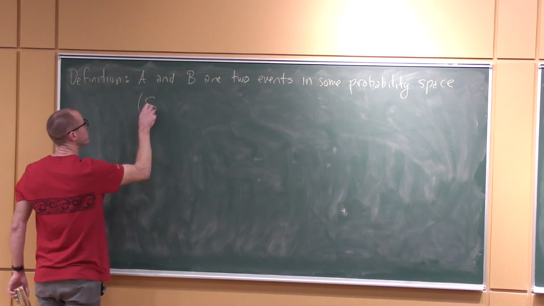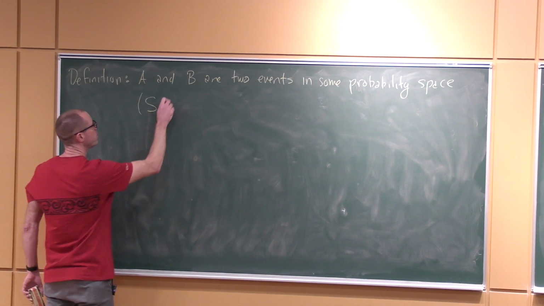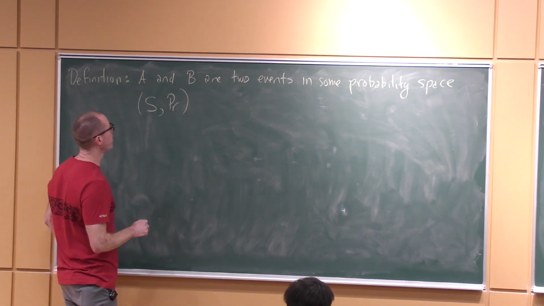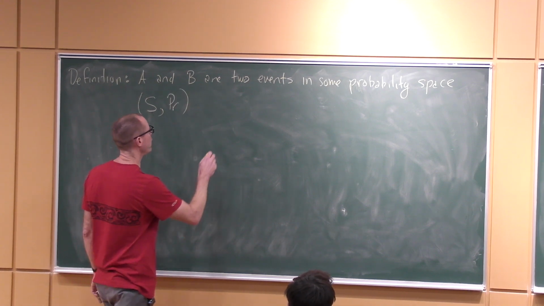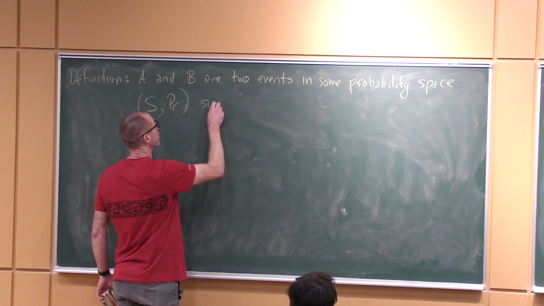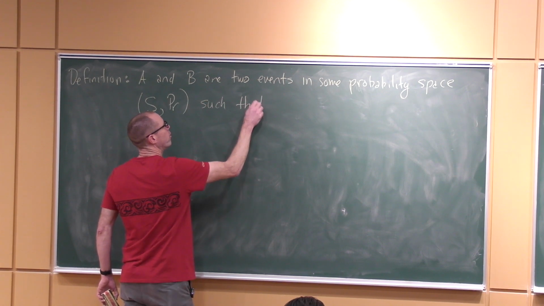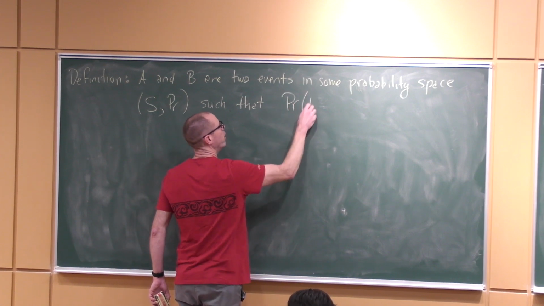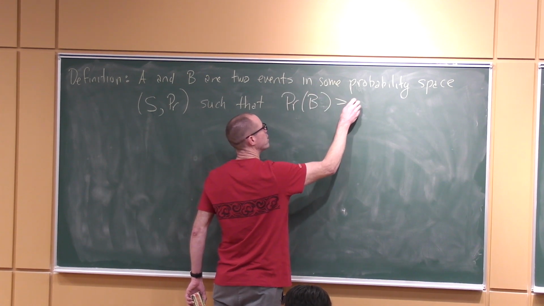Remember, a probability space has the set of possible outcomes and the probability function that maps those outcomes onto probabilities. So A and B are two events, and there's a little condition required that the probability of B is bigger than 0.